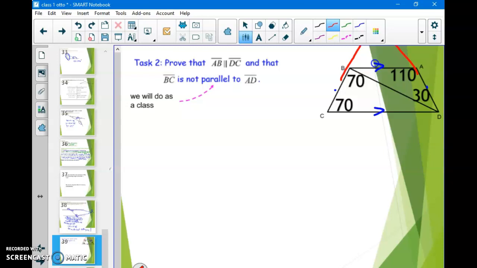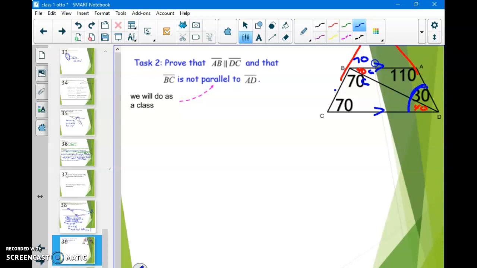And we also know that if this is 110 and this is 30, then that's 140. That this would have to be a 40-degree angle. This down here would have to be a 40-degree angle. And this angle up here, let's see if we can find that. So that's 70, that's 40, that adds up to 110. So that has to be a 70-degree angle.